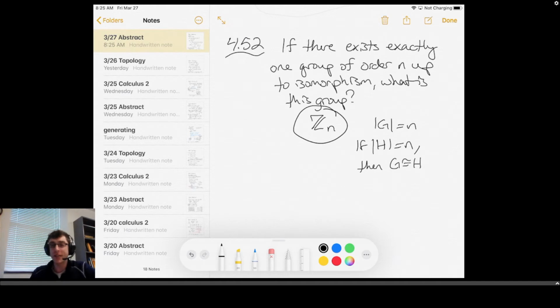You could write them in different ways, just like we could write Zn and Rn, one is rotations, one is addition modulo n, but they're the same group. They're isomorphic to each other. So here we're saying there is only one isomorphism class of groups of this order. So what must the group be? Just the fact that this does exist means it has to be this one because it's there. Does that make sense?